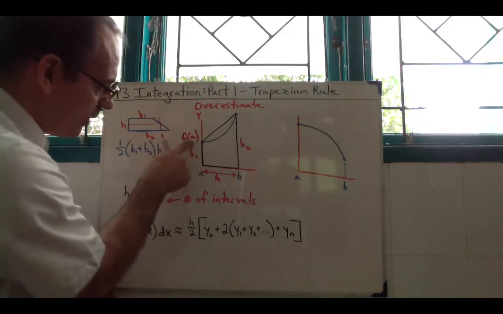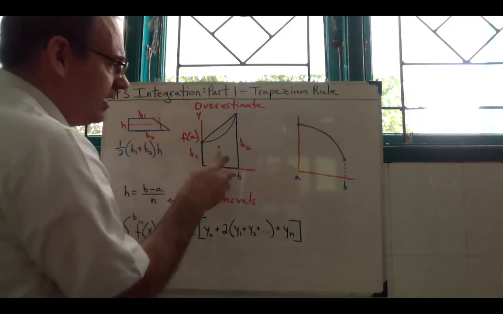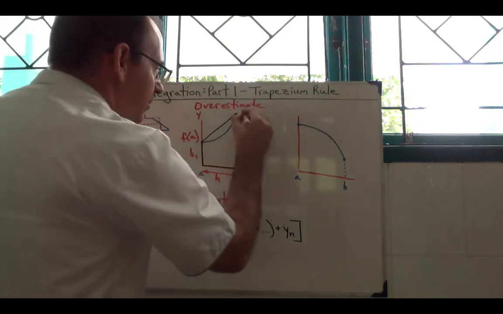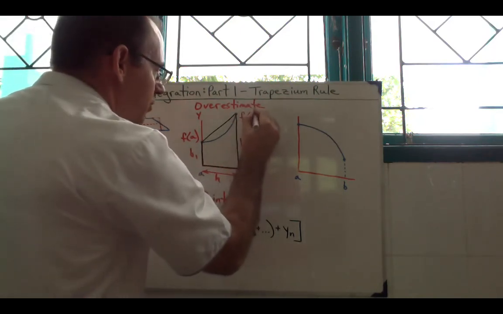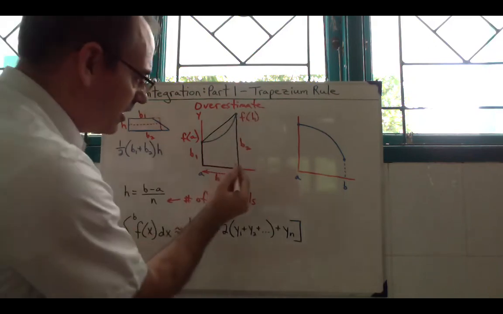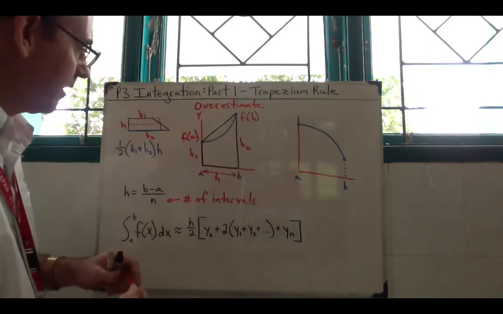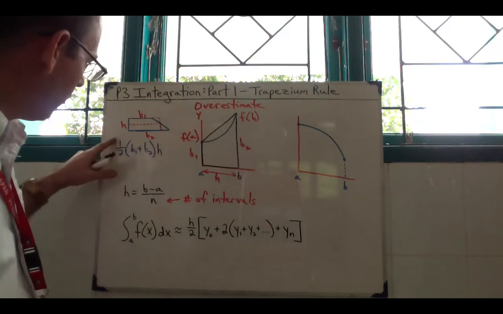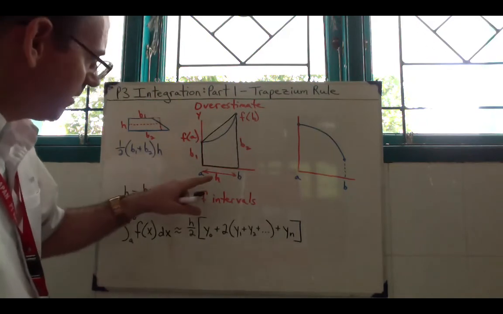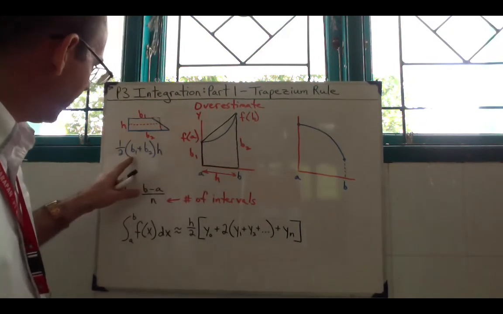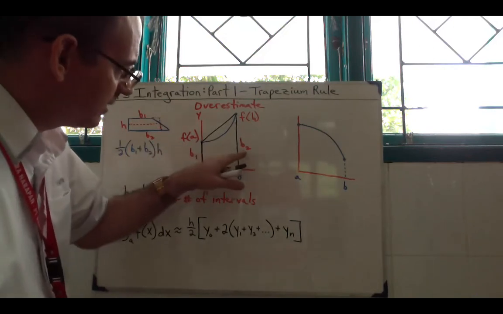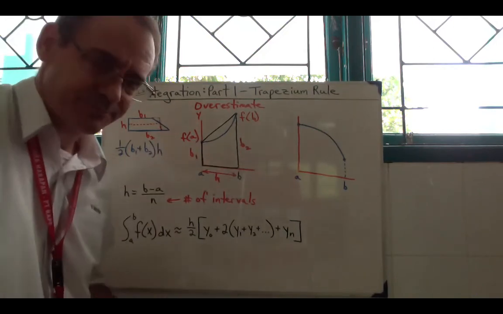So you evaluate the function for this number here, and then on this side, up here you evaluate the function for B, and you'll get this height. So you have 1/2 the height times base 1 plus base 2.